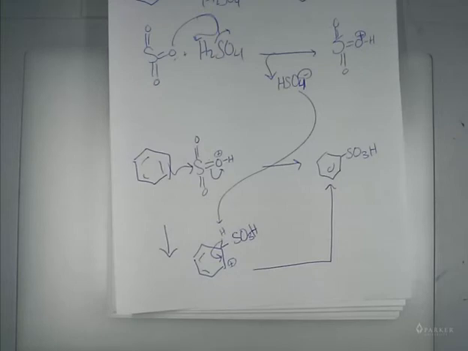So the activators or deactivators? Activators. Anytime you donate electron density into something like that, you're activating, you're making it more reactive, because when we do these mechanisms, we're moving electrons around. So anytime you put more electron density into something, you're increasing its reactivity.